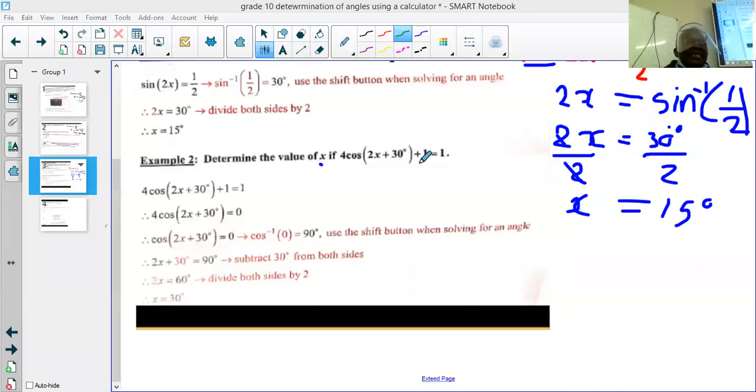Do we have any like terms here? This one and this one, we group them to one side. Now, if you look at this one here, 1, if you transpose to the other side, it will be 1 minus 1. What you get? You get a 0 like that.